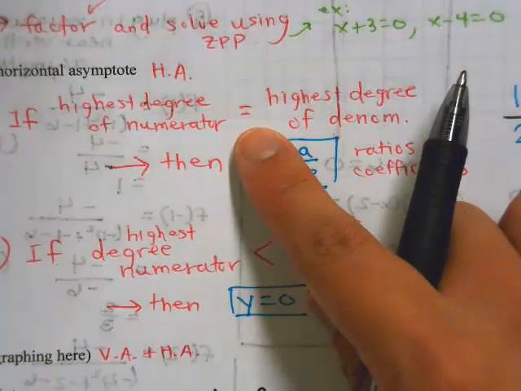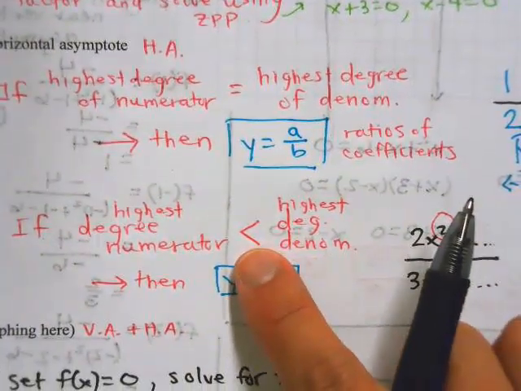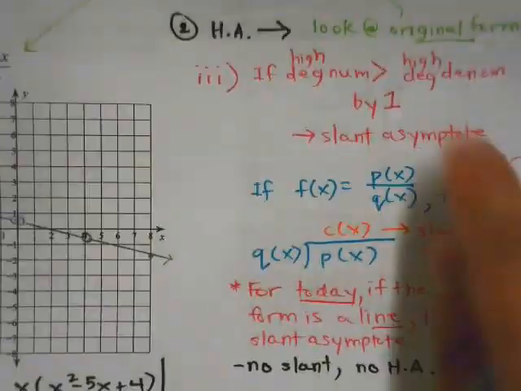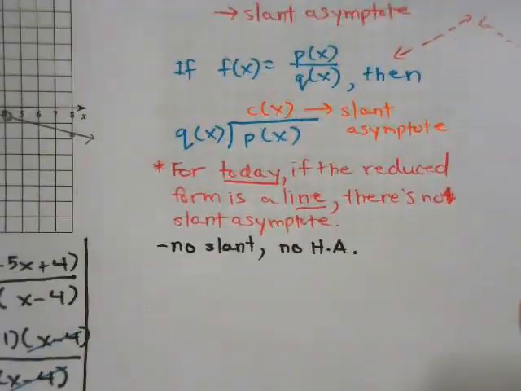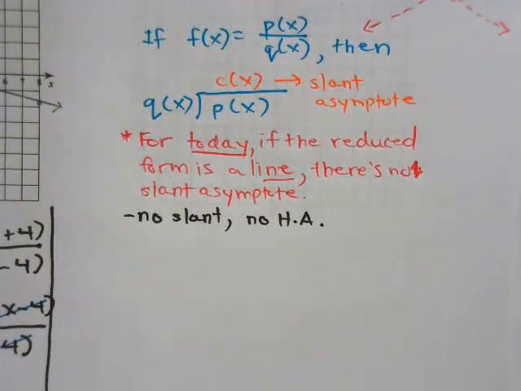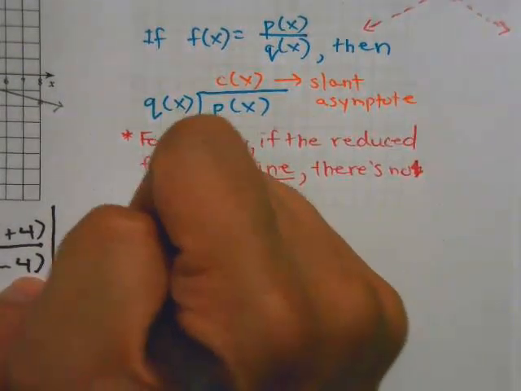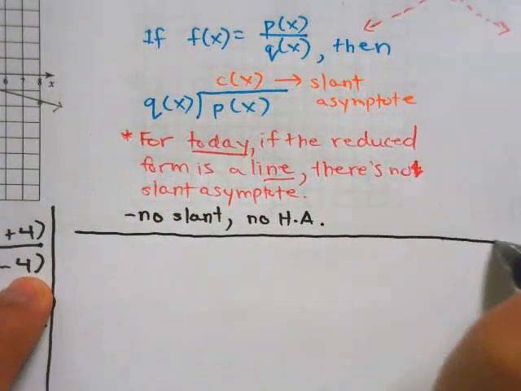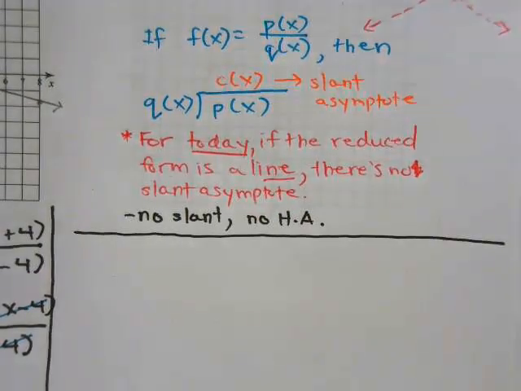The highest degree is not equal to, and the highest degree in the numerator is not less than. It was actually greater than, but because we already have a line as a reduced form, we're not going to have a slant. So we don't have a slant nor a horizontal asymptote in this specific example.